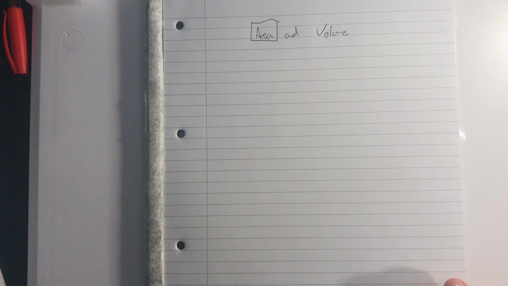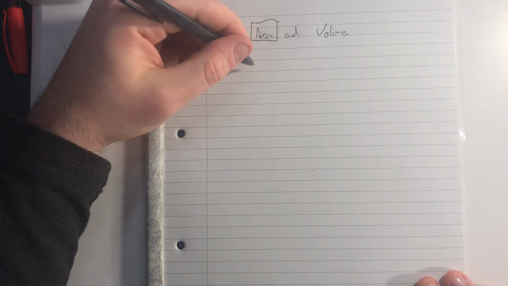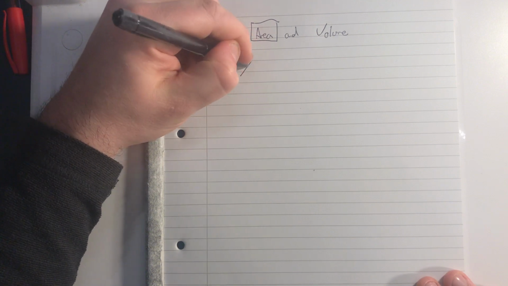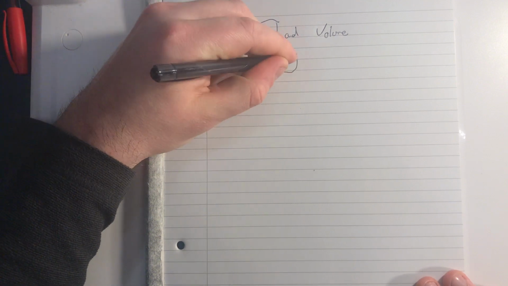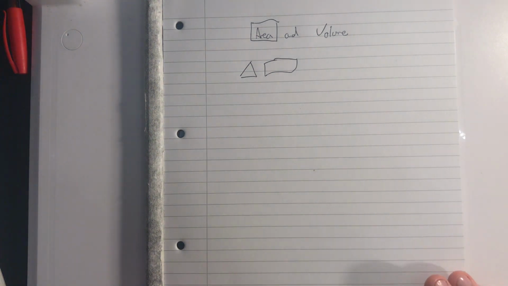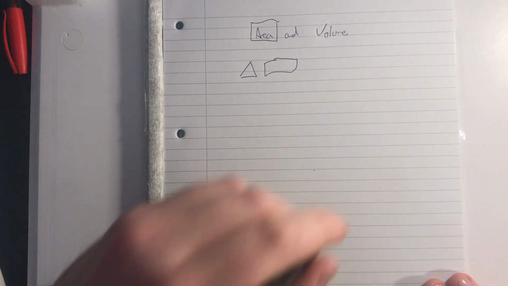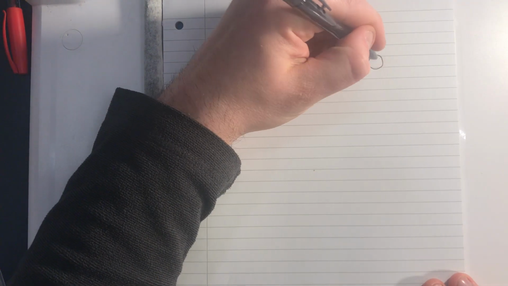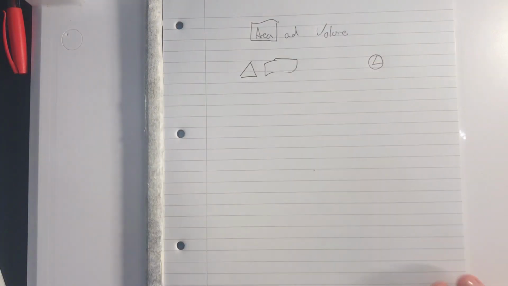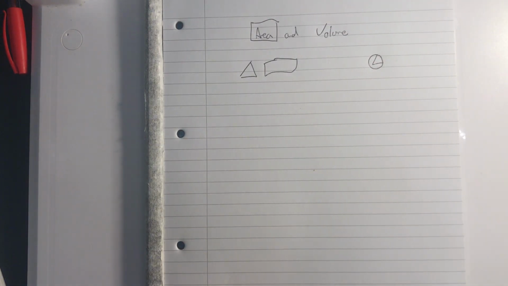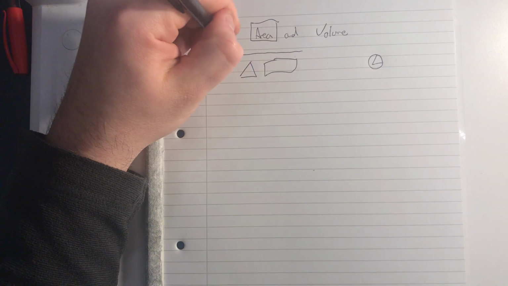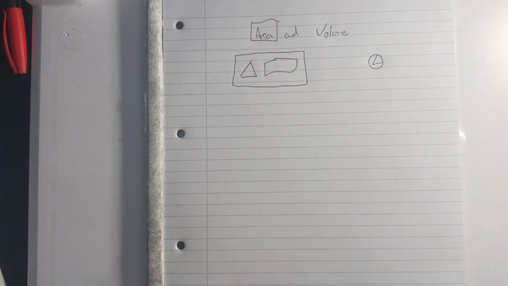We can be asked questions about triangles and rectangles, and we can also be asked questions about circles and parts of a circle and things like that. So today we're going to be concentrating on triangles and rectangles.